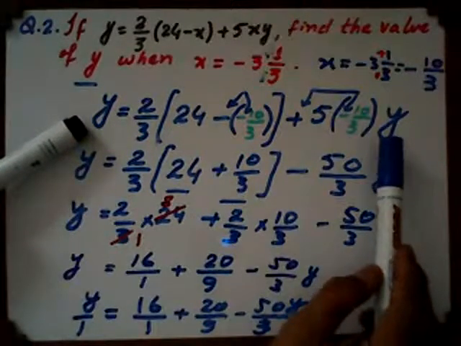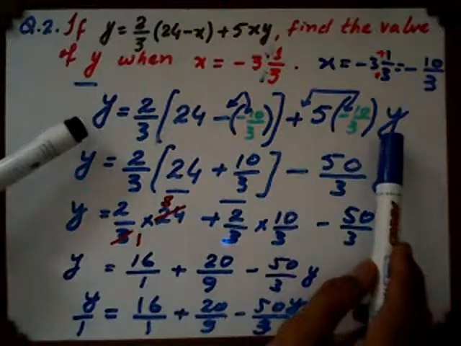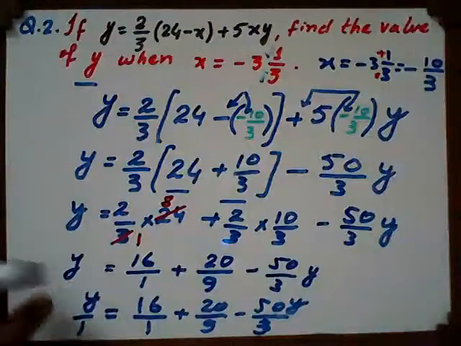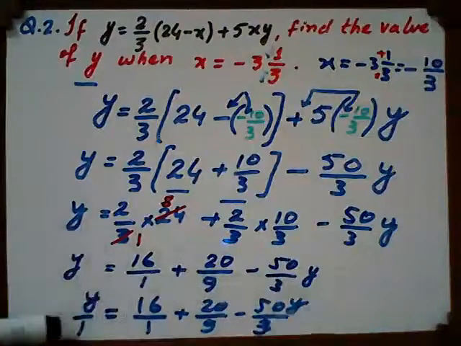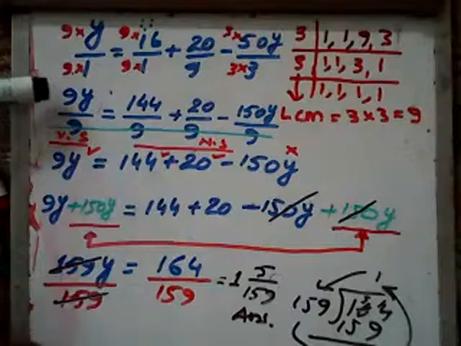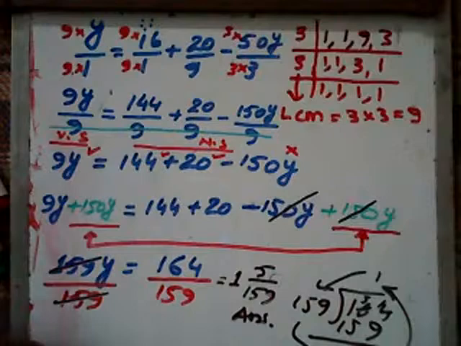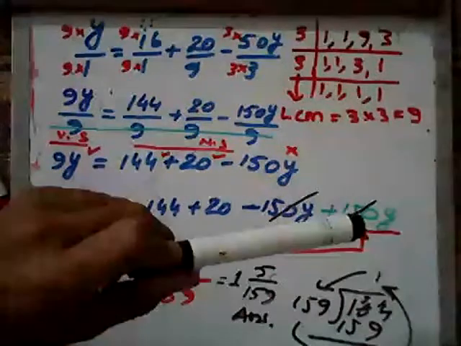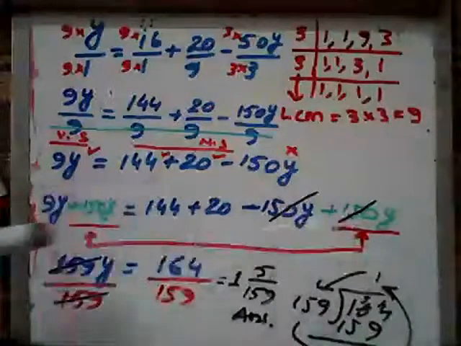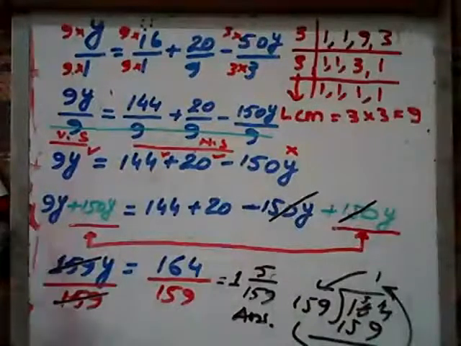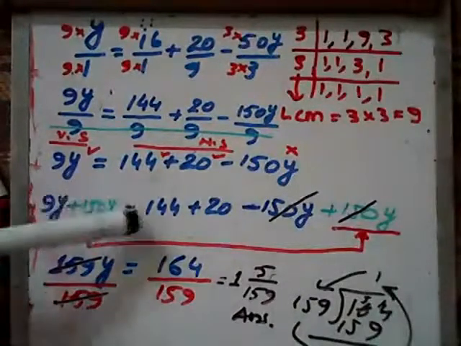At the end, what we have done is added them together, not as fractions. So we have to convert all of them into fractions. We have done it like this, and then it's simply the numerator. So this is our equation. In this equation, we start solving, and to keep it balanced, we did the same on the other side. Like this, we found 159y is equal to 164.